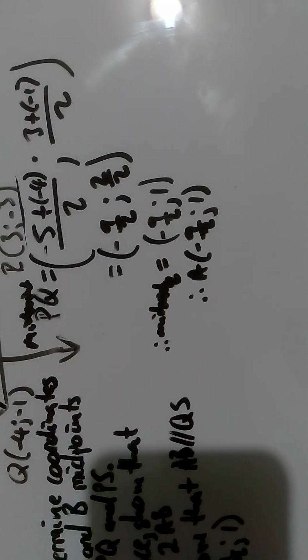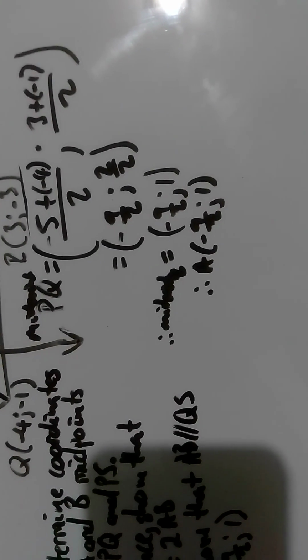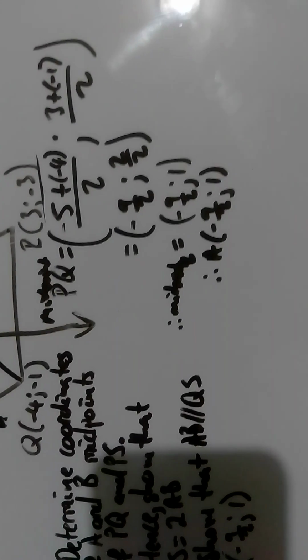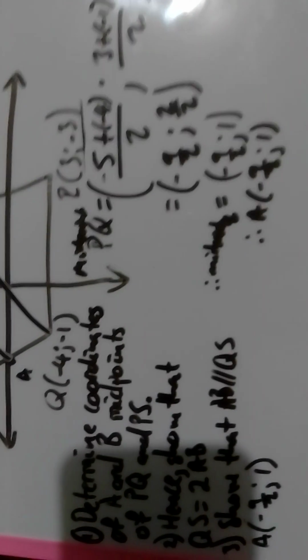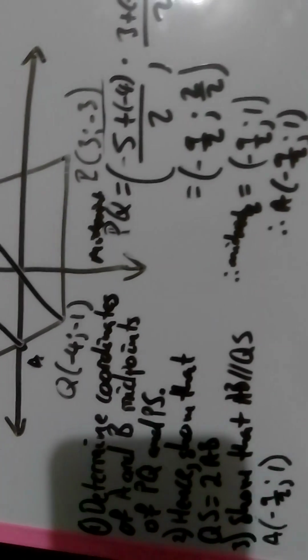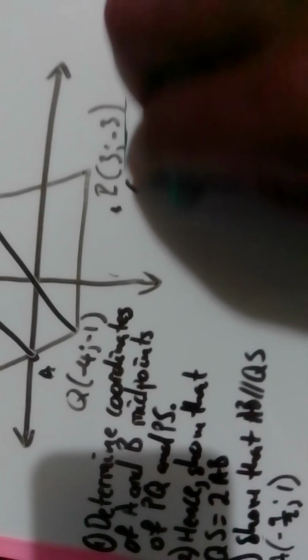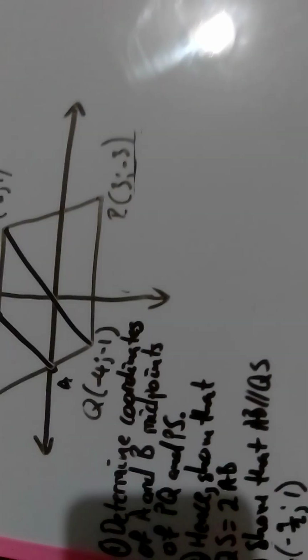Alright, what am I going to do now? I'm going to erase this so that I can have some space to work with. Then we calculate the midpoint of line PS. So let's calculate.